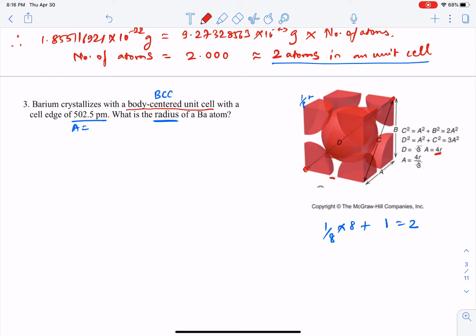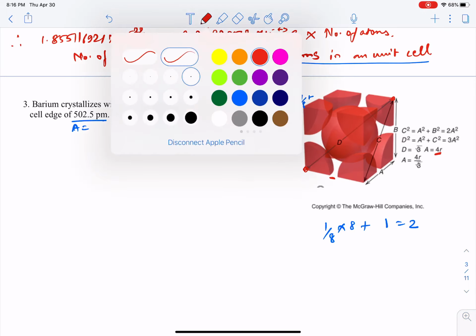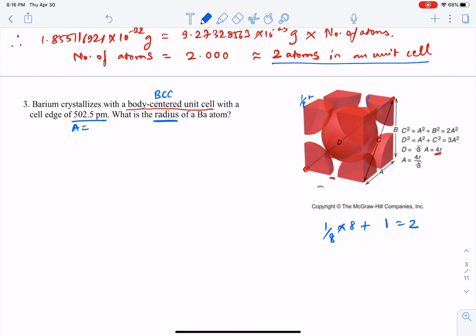It's like 1/8 till here, and like the r here, and then it's 2r here, and then it's r again here. So you can directly understand, even if you don't do this calculation, that D, the body diagonal, is equal to 4r. So if we get this D, we can get this r. Okay, so let's do it.